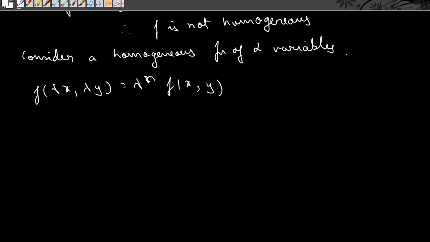So its degree is n, but it depends only on two variables. We can express this in another way as f of xy equal to x power n times some function g of y by x.